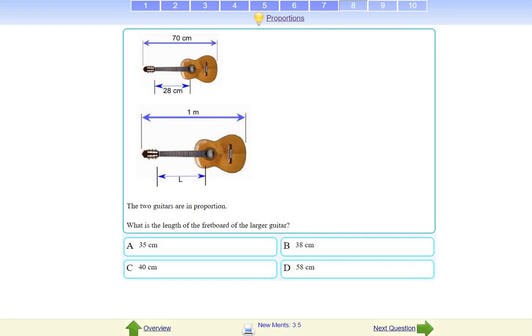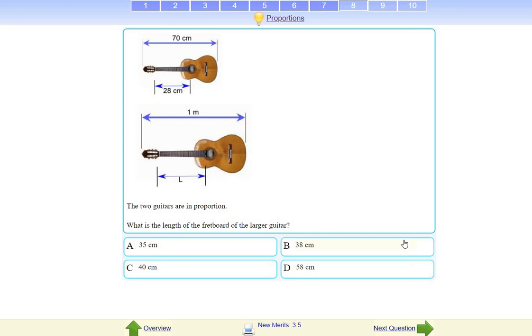Would it be B? I don't know whether it's B or C because my answer came to, because if you do 100 divided by 70, you get 1.4 something. So I said 1.4 something. And then you multiply it by 28, right?